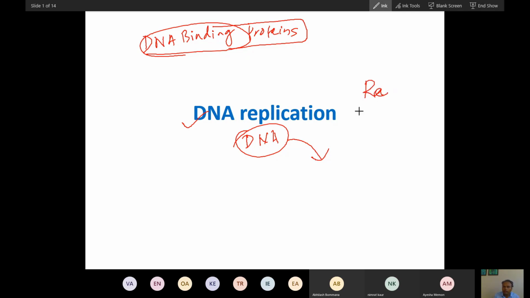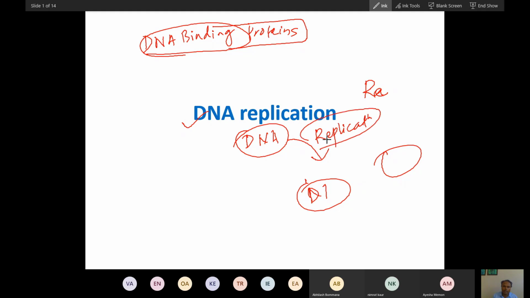When DNA doubles, one DNA becomes 2 DNA, then it is called replication. The process of doubling the DNA is replication. Replication is like forming a second copy, and the result is duplication. Did you understand this?